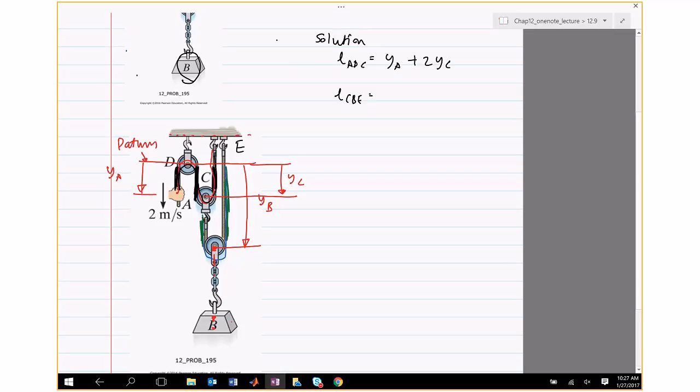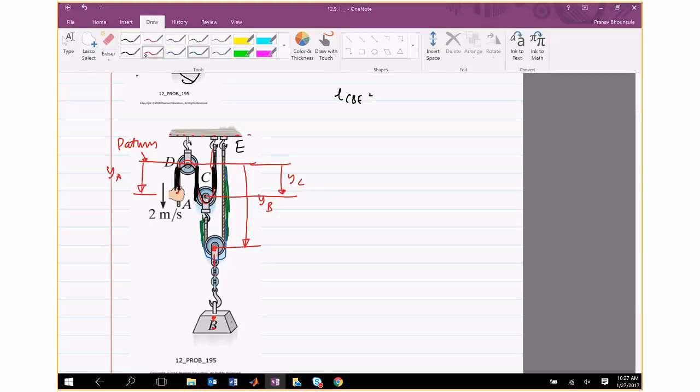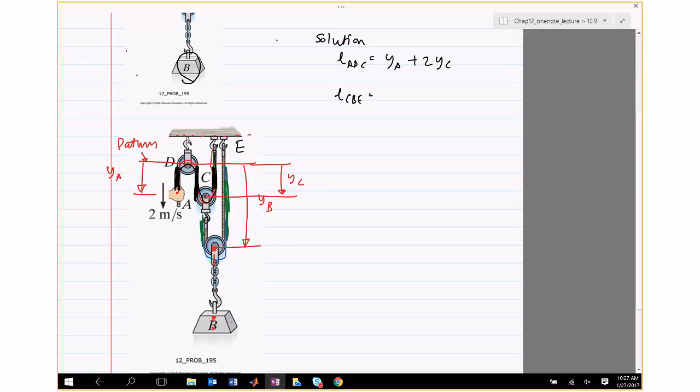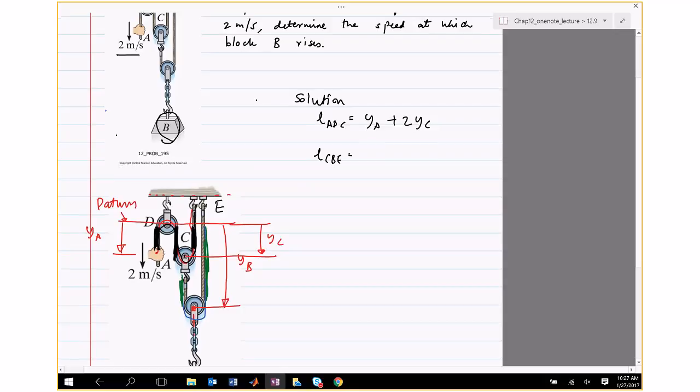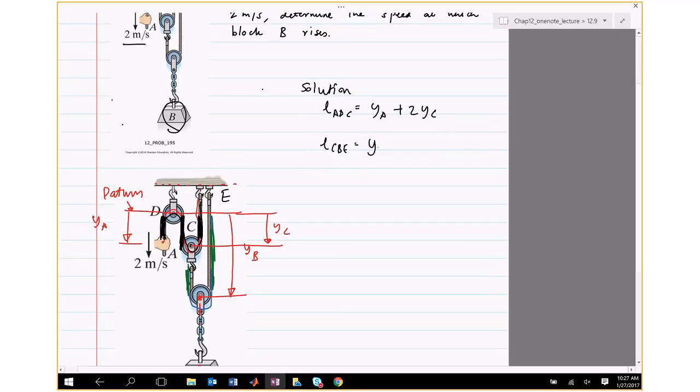So the easier one is the second one I drew. This one, it's just YB. Okay, what is this distance? So it's YB minus YC, right? This distance is YB minus YC, so YB minus YC.